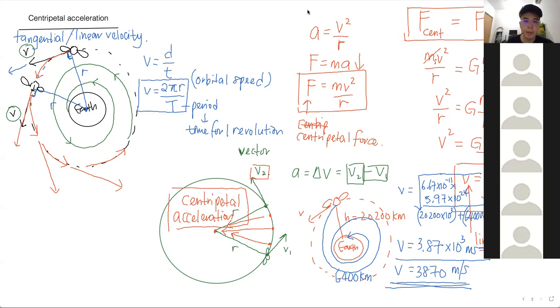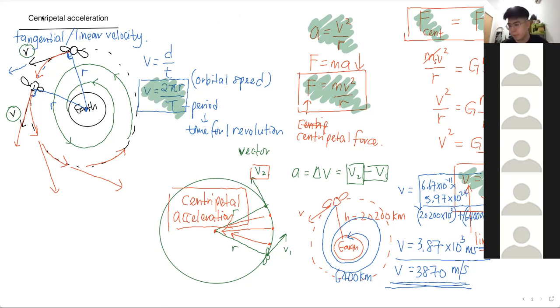Okay, the formulas to remember are these. F equals mv squared over r, which is the centripetal force. You need to know that centripetal force equals gravitational force, and also the linear velocity, the centripetal acceleration, and also the orbital speed. And of course G M m over r squared, that one also.